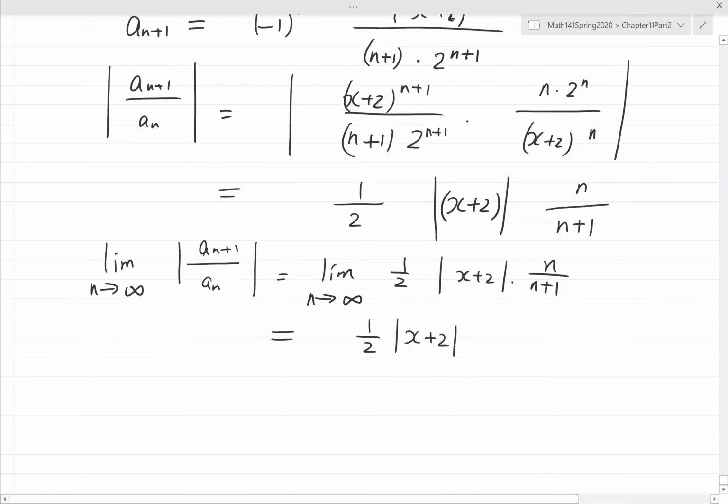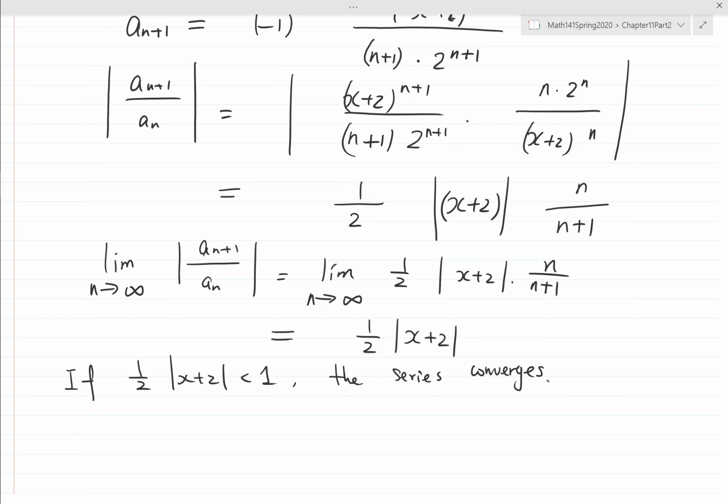Then the ratio test says if it is less than 1, the series converges. If the ratio equals 1, we don't know. If the ratio is greater than 1, it diverges.